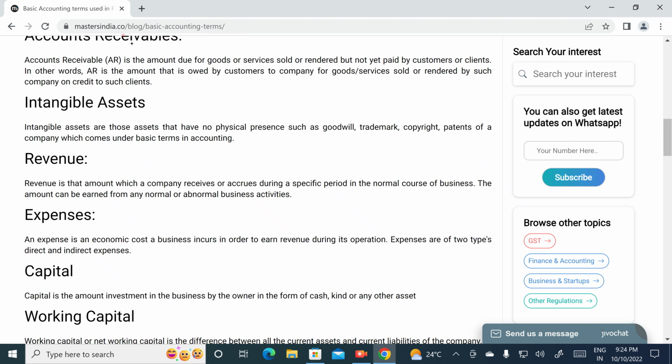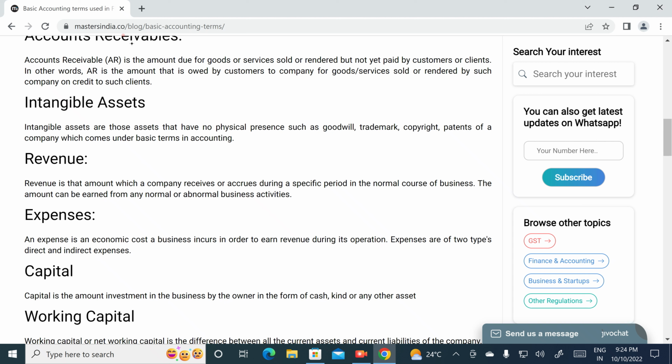Here, intangible assets are those which cannot be seen and touched, like goodwill. But it matters for the business. How my image is in society affects my business. Definitely it will affect. So we have a value for goodwill. That is known as an intangible asset because we cannot see or touch the goodwill.